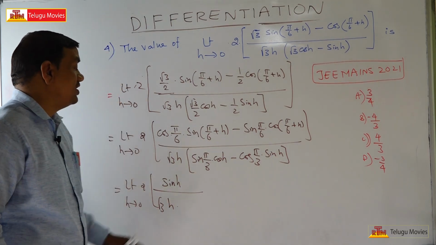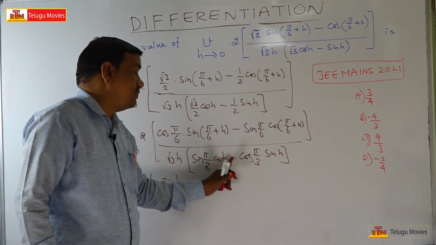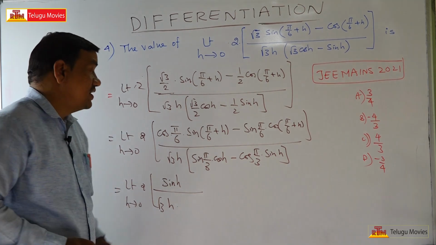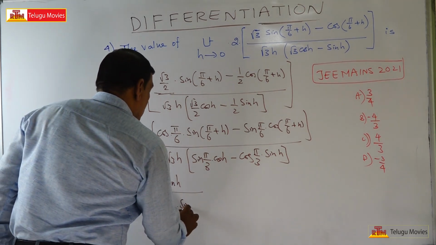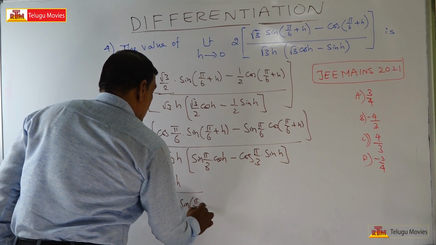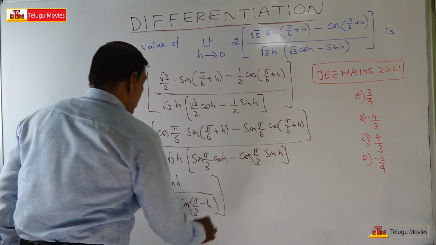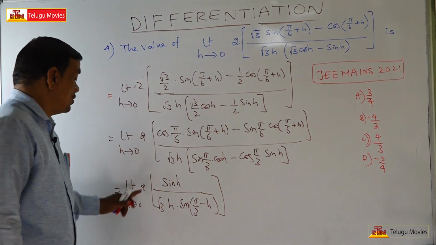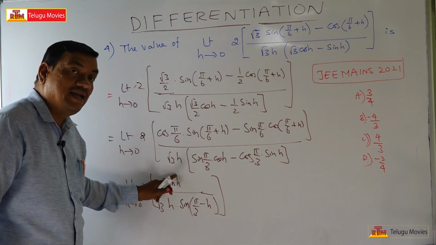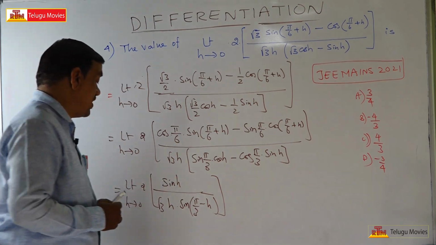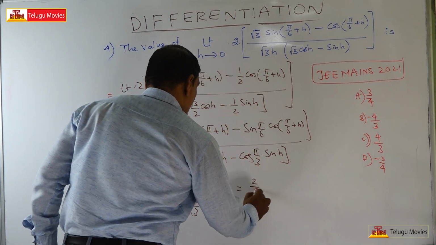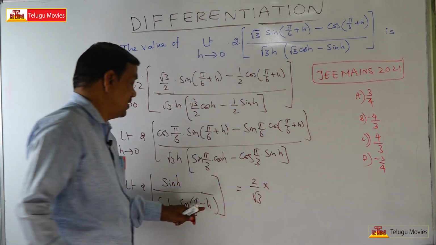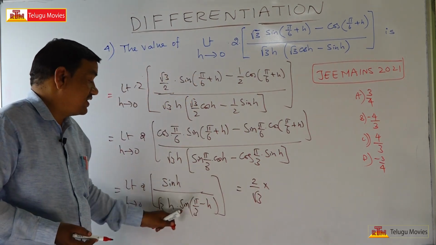So this is equal to, see here, sin A cos B minus cos A sin B, sin of A minus B. So this is your answer. Okay. Now, limit h tends to 0, sin h by h value is equal to 1. So this is equal to 2 by root 3 into, wherever h is there substitute, sin pi by 3.